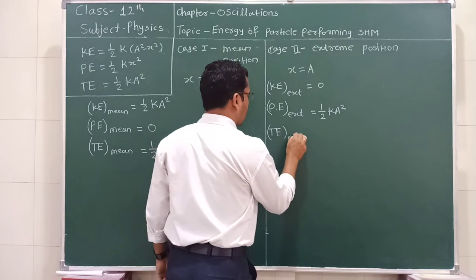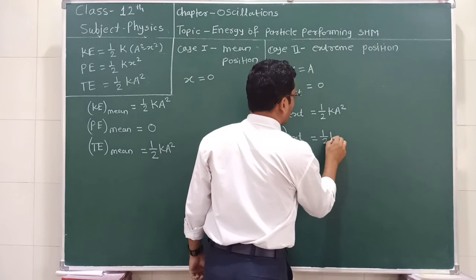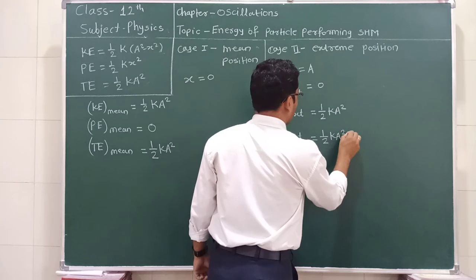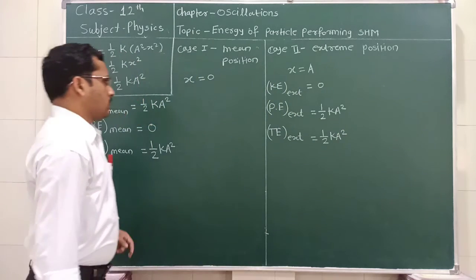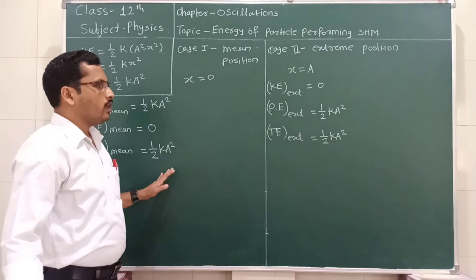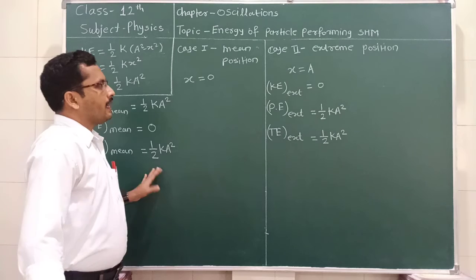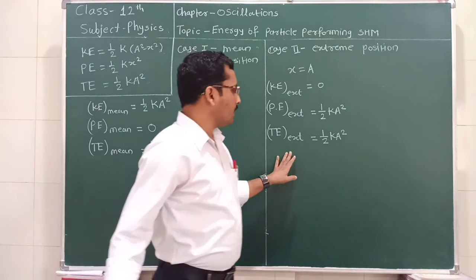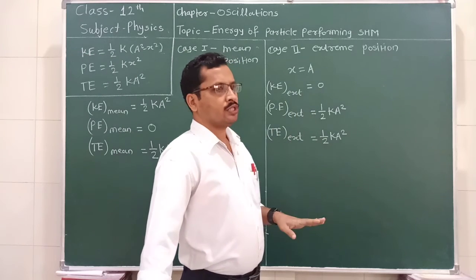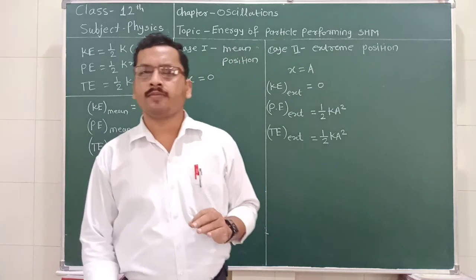The total energy at the extreme position is equal to 1/2 k a². So we can see that the total energy at the mean position is equal to the total energy at the extreme position, which is equal to the total energy at any position.